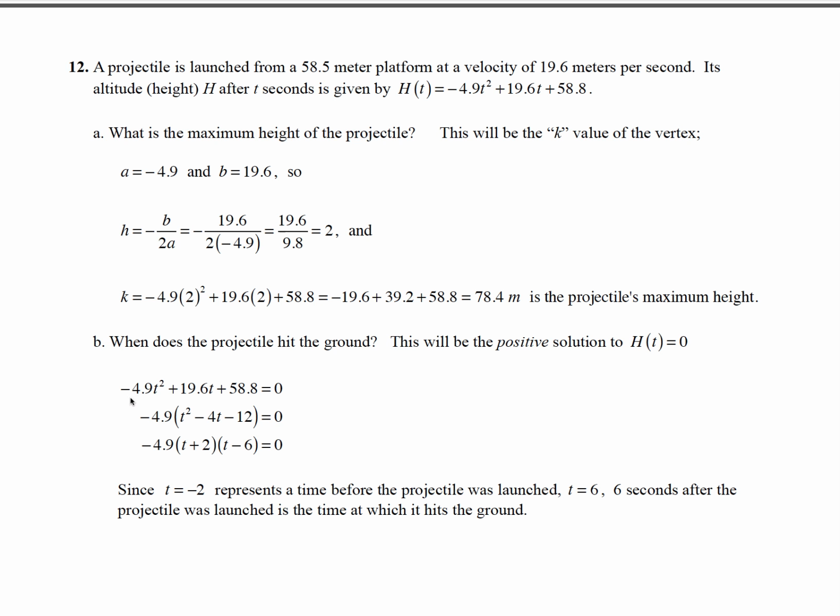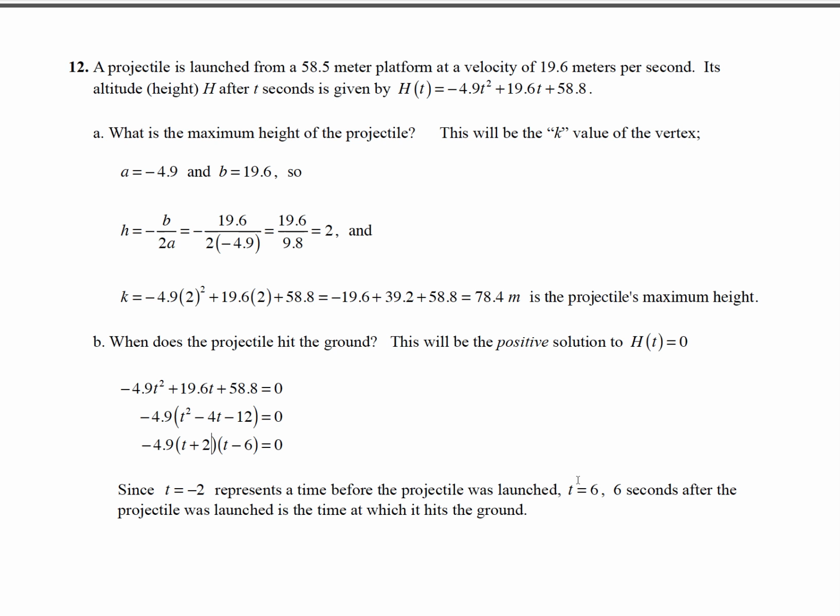And so you set the function equal to 0, and once again, very conveniently, you factor out -4.9, and what's left is a very easily factorable trinomial. t squared minus 4t minus 12 factors as t plus 2 times t minus 6. That tells us that t equals negative 2 and t equals positive 6 are the two solutions.